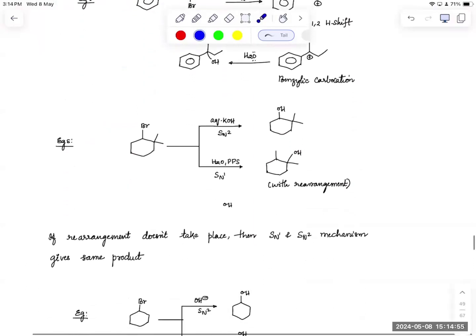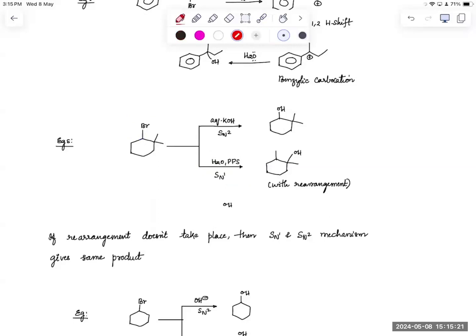Next, if you notice here, Br is removed. If you treat with aqueous KOH, it might give a bit of SN2, a small composition of SN2. If it is via SN2, you'll get only this product. But via SN1, what do we get? First you remove the leaving group, positive charge will come.